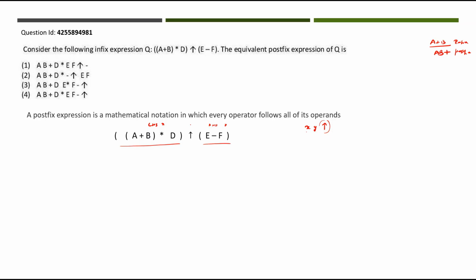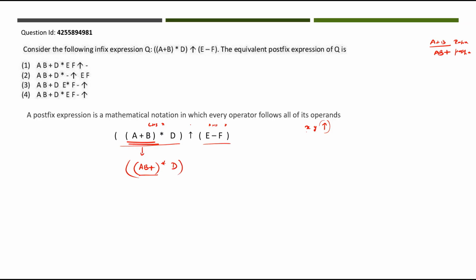Now we will work with the inner expression in the left hand side part. In the left operand we have a plus b inside the bracket here. So this will be converted as AB plus. Now this AB plus will be with the multiplication operation.